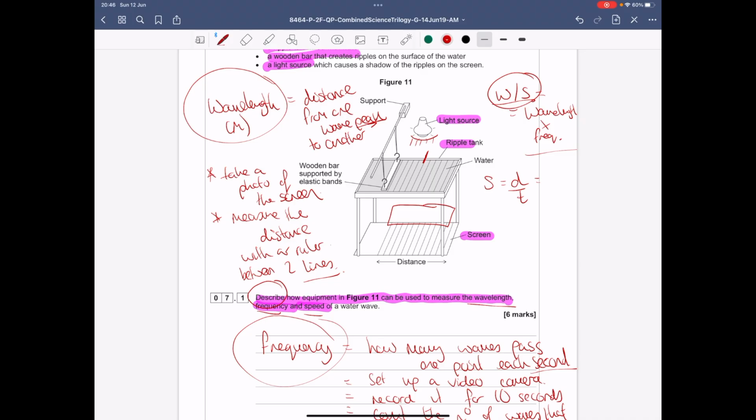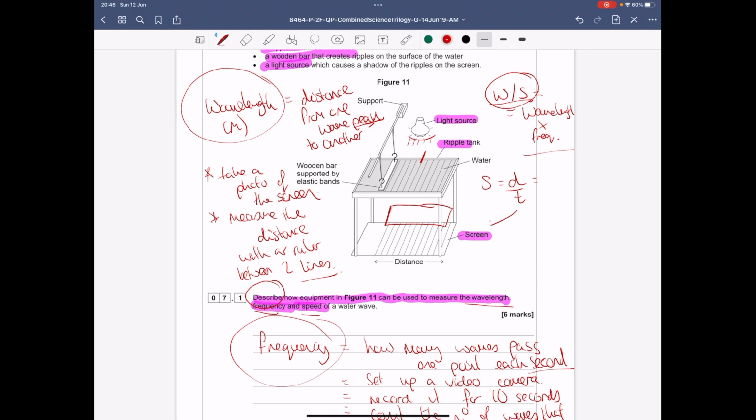You find the distance of your tank, then you record the time it takes one wave to travel along it, and then you can just use your standard speed is distance divided by time equation, and that gives you the wave speed. Now you've got to describe each of those methods to get you into the level 3 category, which will give you 5 or 6 marks.